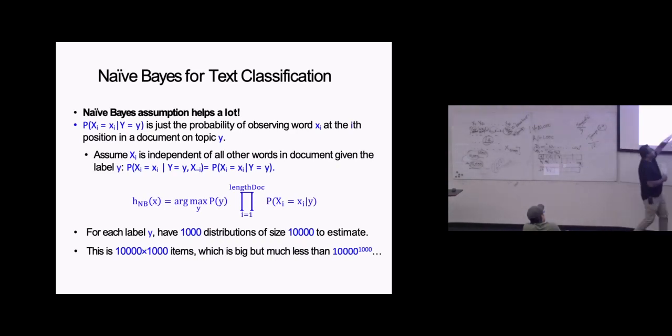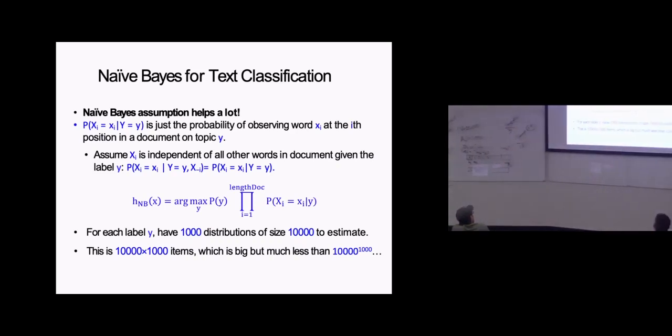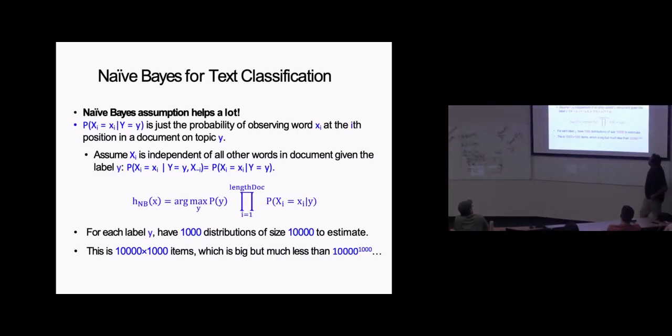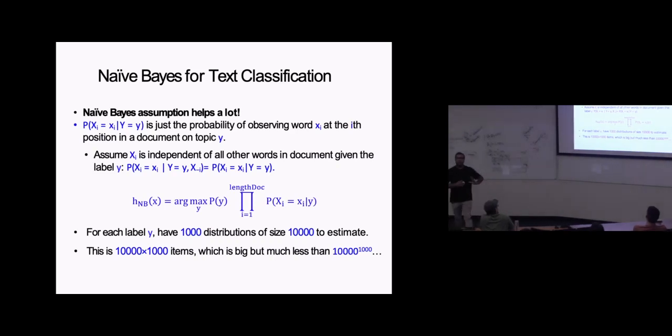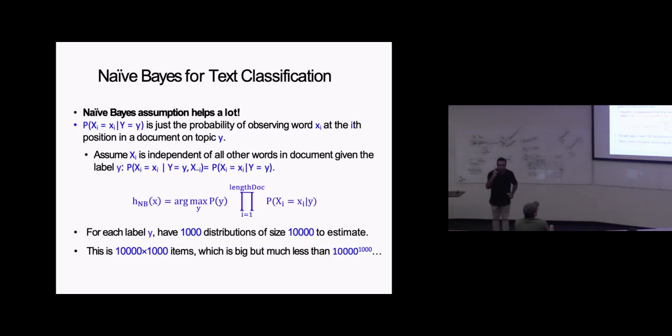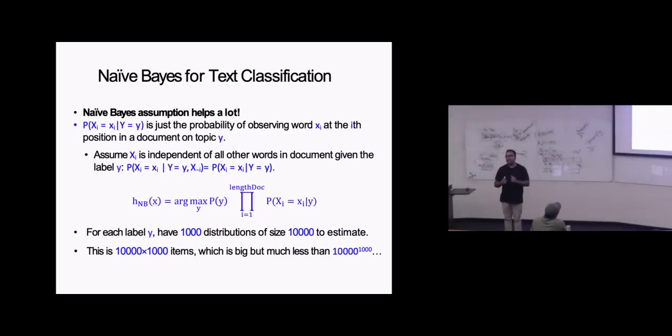But as long as you have a label Y, what you are essentially trying to model is, for a particular topic, what is the probability that you will see a particular word in the document? But instead of modeling the whole sequence, you just model one word, because you have made the naive Bayes assumption. Any question on this so far?